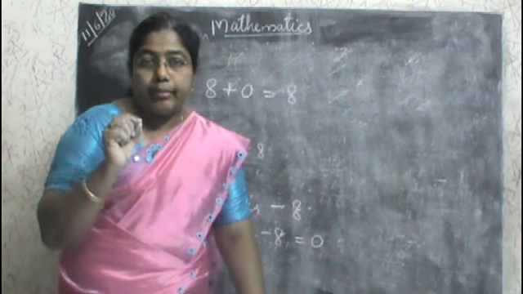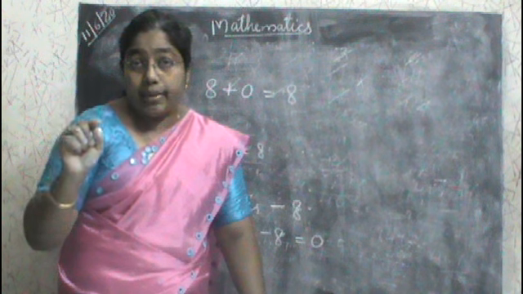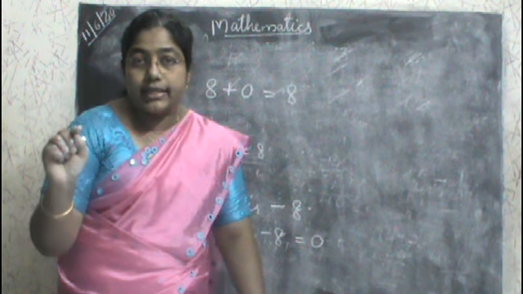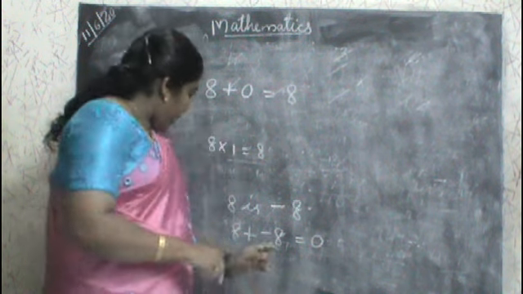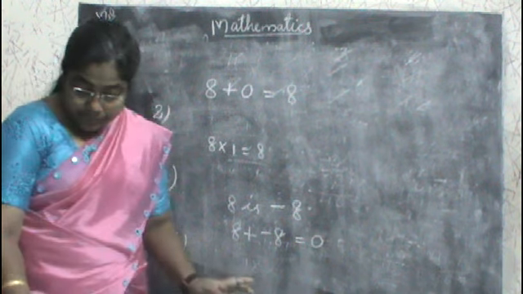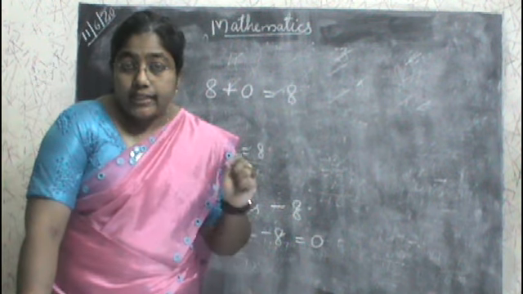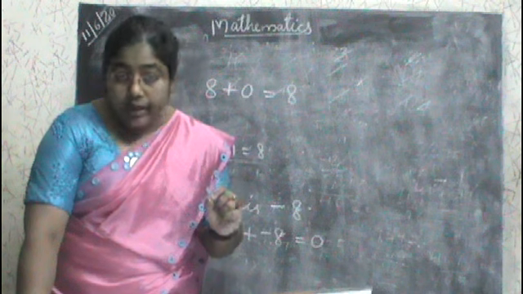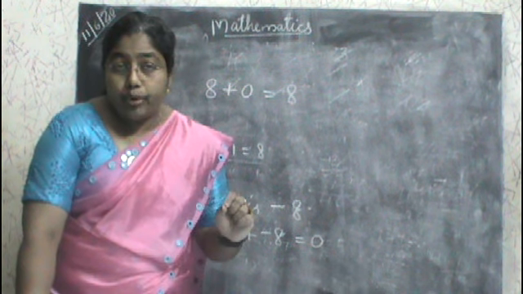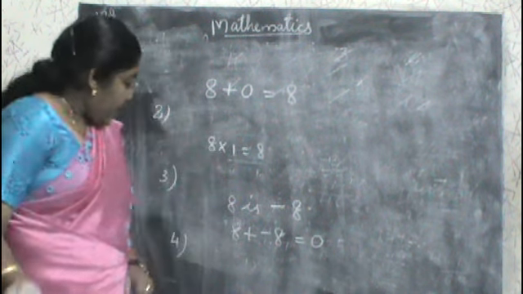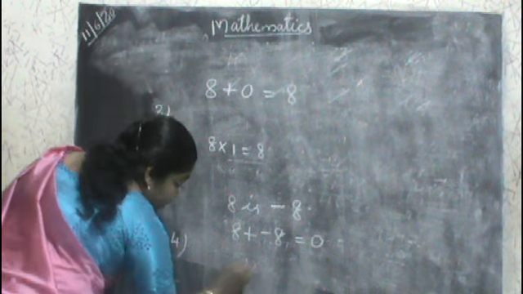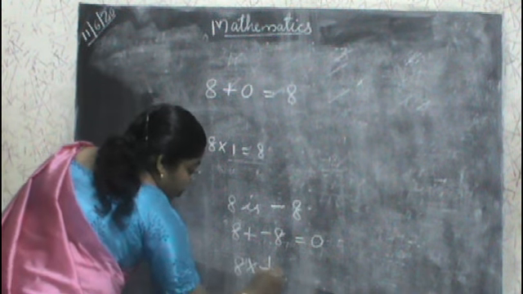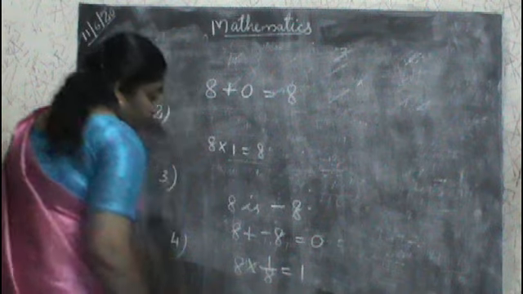So what is multiplicative inverse of 8? 1 by 8. 8 into 1 by 8 is equal to 1. So you write note number 4. Multiplicative inverse of a given number is the reciprocal of the given number. And write one example also. 8 into 1 by 8 is equal to 1.